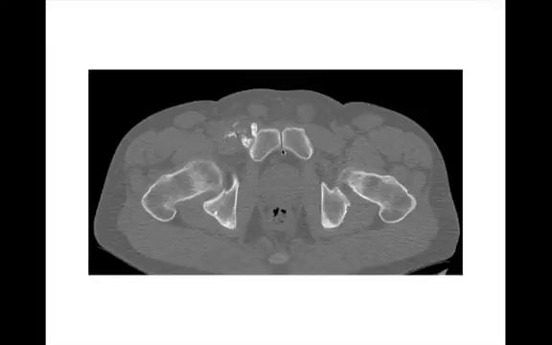This patient had other lesions in their body as well, and this was an osteochondroma arising from the pelvis that had undergone malignant degeneration. So this soft tissue component is part of the cartilage cap and the expansile soft tissue component, which looked quite worrisome. This was a patient with multiple hereditary exostosis who had a malignant degeneration of an osteochondroma.